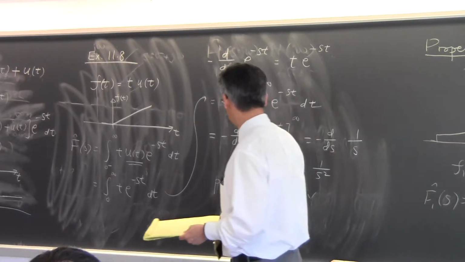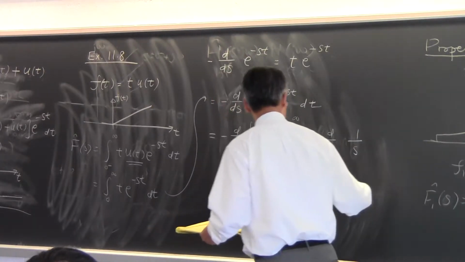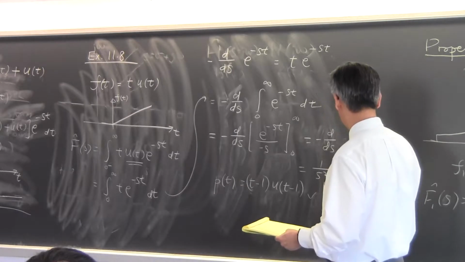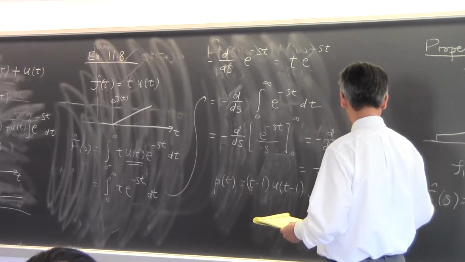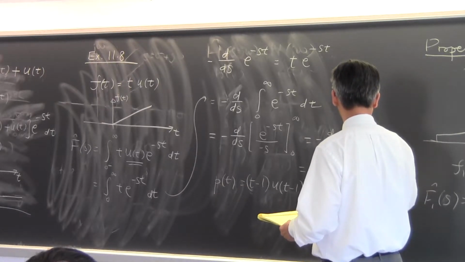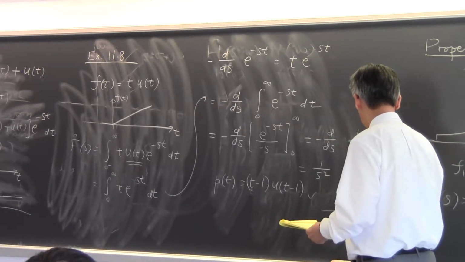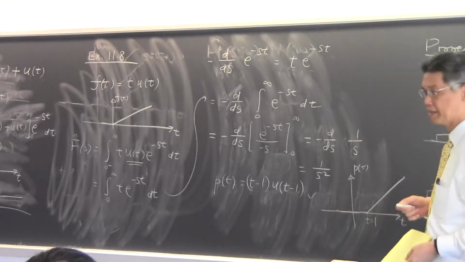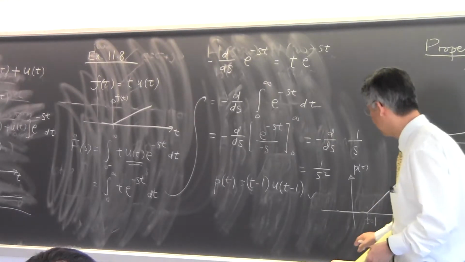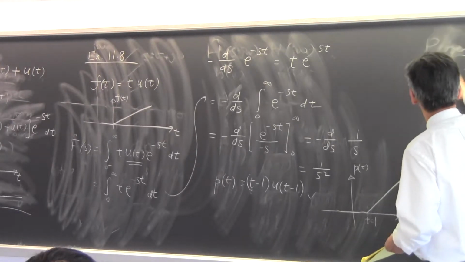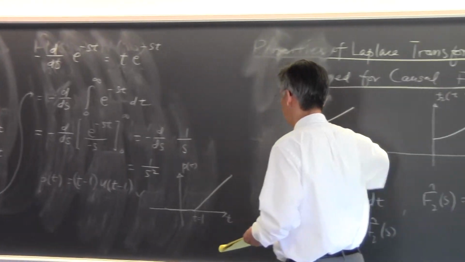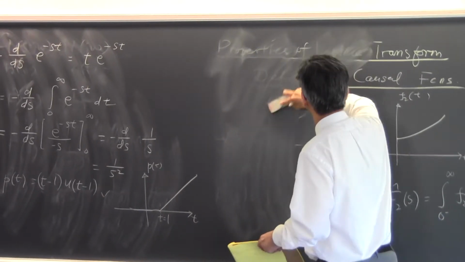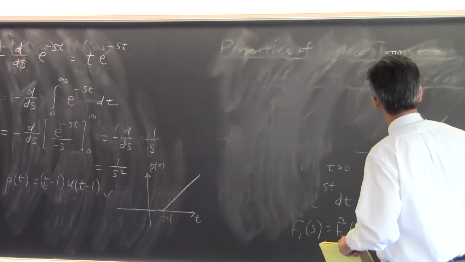But what happens is that if you time delay this thing, you actually have something that looks like this now. p of t looks something like that, and t is equal to 1. So you have to perform your integration with a proper delay. And actually we can do that if you want to. It's not too difficult to do that.